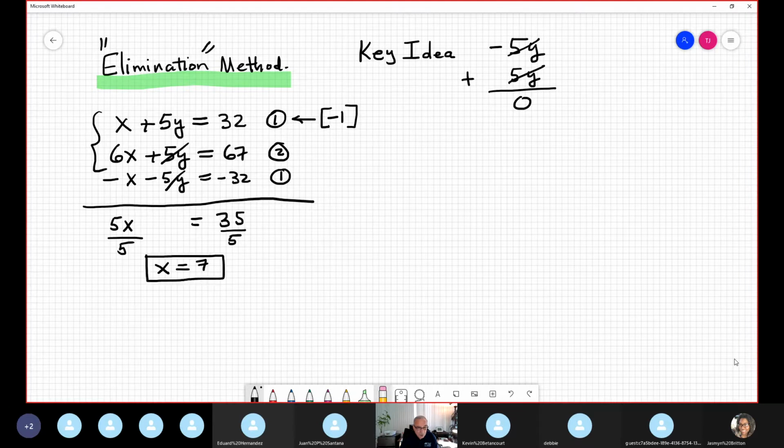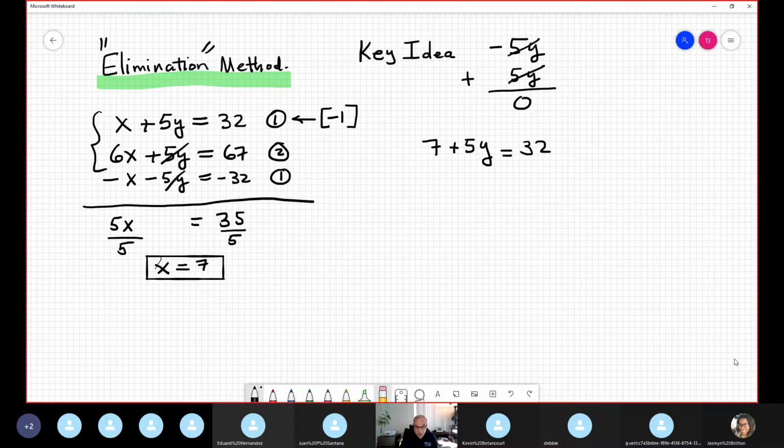But I need to find both x and y. So you decide what equation you consider easier. In my opinion, it's the first one. So you copy now the first equation, but you replace x for 7. So 7 instead of x, plus 5y equals 32. And this is my new equation.